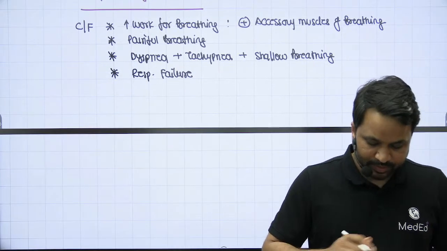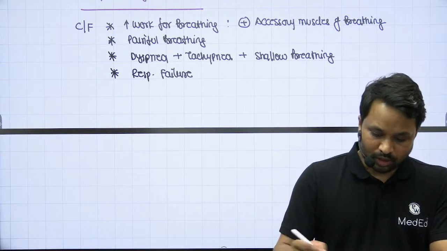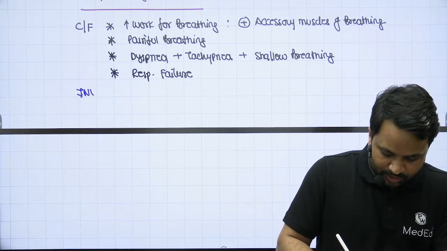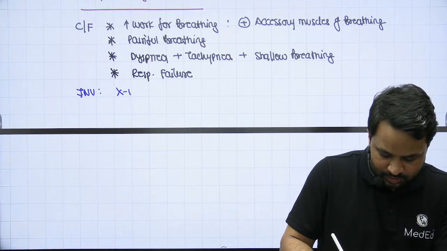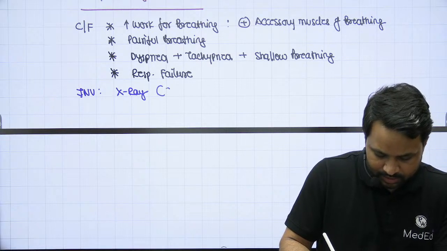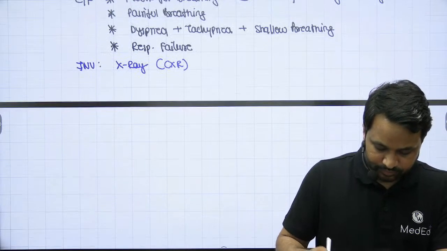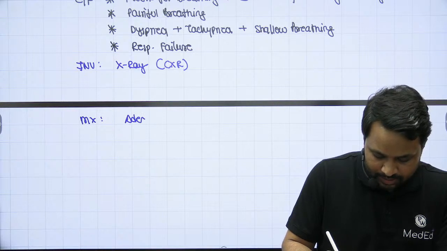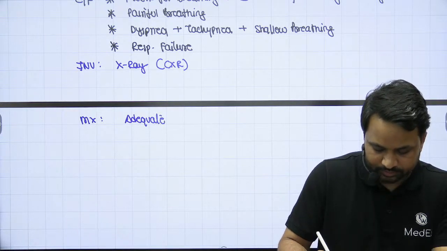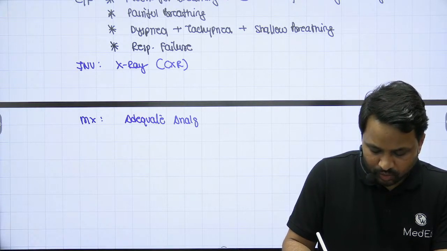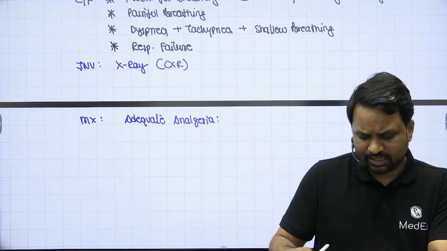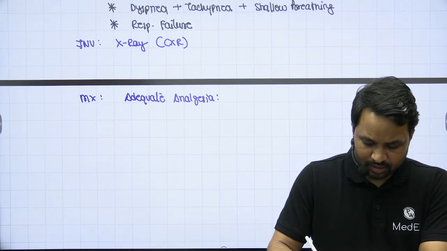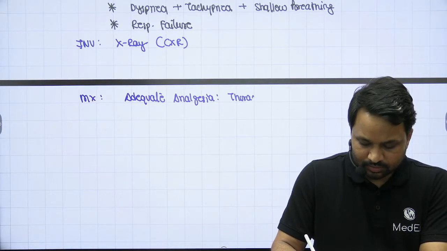Now, when you talk about the investigations for flail chest, the single best is going to be the chest X-ray. Management for flail chest is adequate analgesia. How do you deliver this adequate analgesia? It is better to give thoracic epidural analgesia.